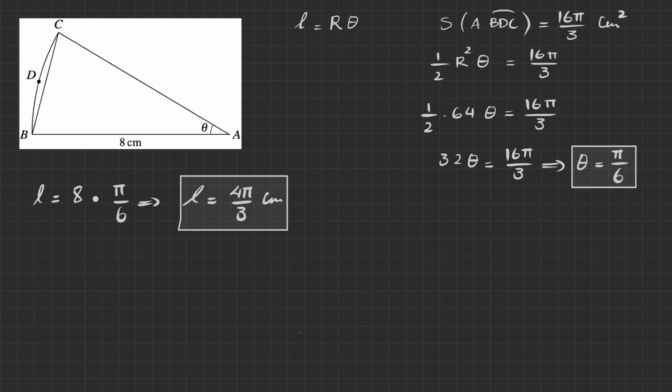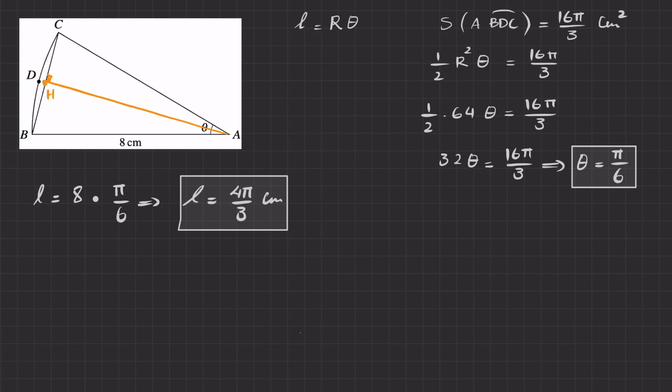So I will draw this height, and let me call this point H. We know that in an isosceles triangle, which we have here because AC and AB are equal, when I draw this height passing through the apex, it is also the angle bisector and the perpendicular bisector of the opposite side.